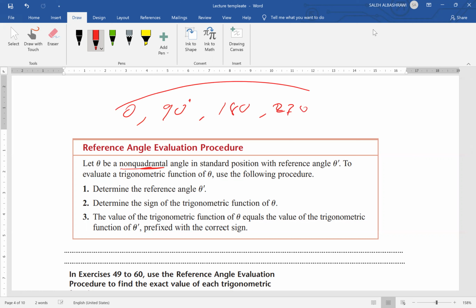These are quadrantal angles. And now we are speaking about a non-quadrantal angle. It's just an angle where the terminal side is not on the x-axis or y-axis. So let theta be a non-quadrantal angle in standard position with reference angle theta prime.